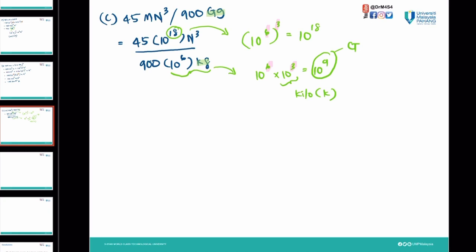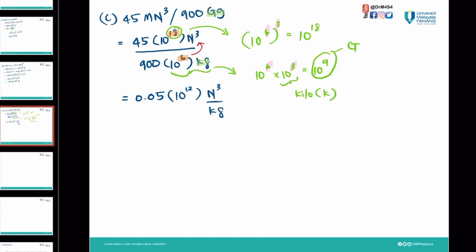Continue our calculation. 45 divide 900, we will have 0.05, 18 and 6. So this one is going up, means 18 minus 6, we will have 10 power of 12. And our unit, remember, we have Newton power of 3, and now we convert gigagram into kilogram.